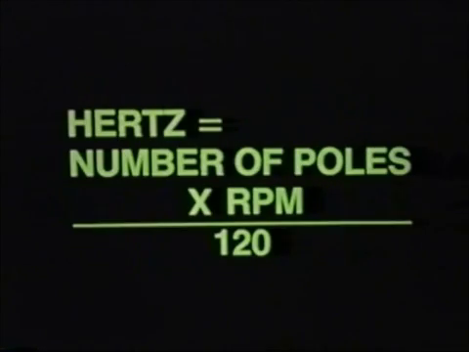Since frequency is indicated in hertz, or cycles per second, and rotative speed in revolutions per minute, calculations for alternator frequency can be made with this formula. Frequency in hertz equals number of poles times RPM divided by 120. RPM equals hertz times 120 divided by the number of poles.